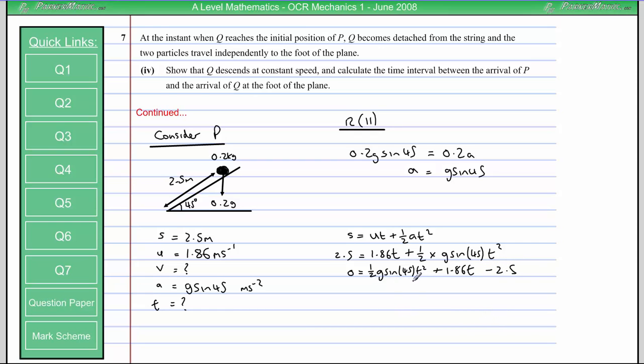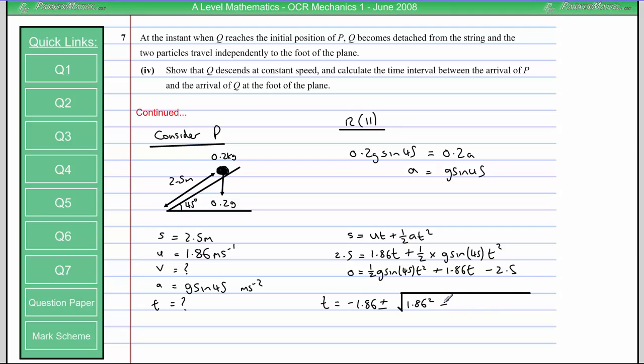This is just a normal quadratic with difficult coefficients to deal with, but we can still use the quadratic formula, and we can say that t equals minus b, which will be minus 1.86, plus or minus the square root of b squared, which is going to be 1.86 squared, minus 4 lots of a times c.